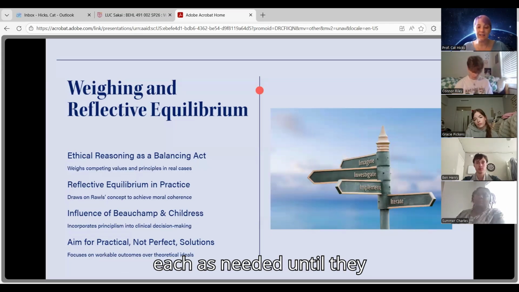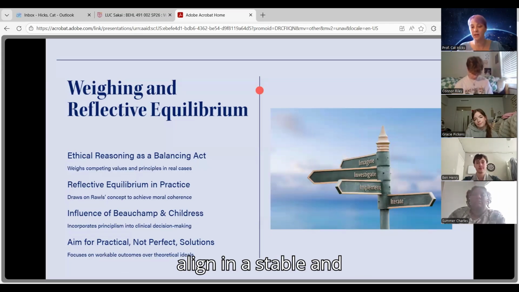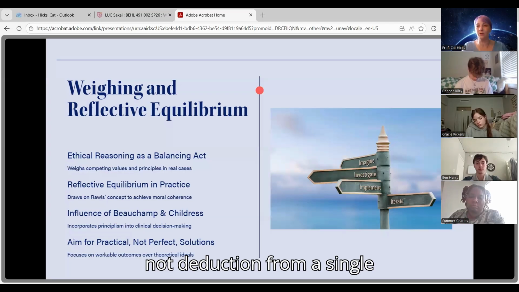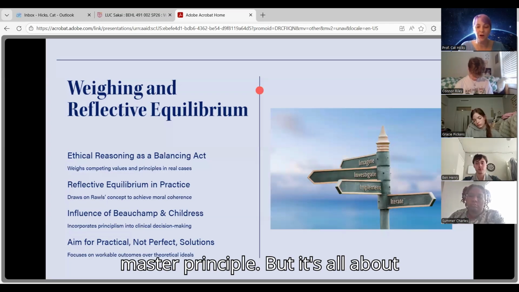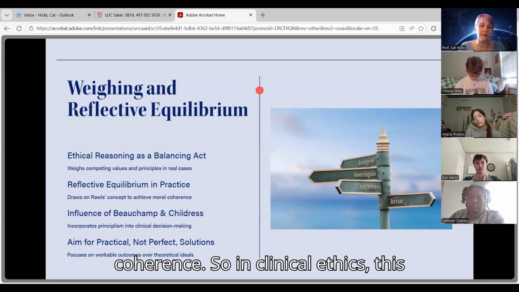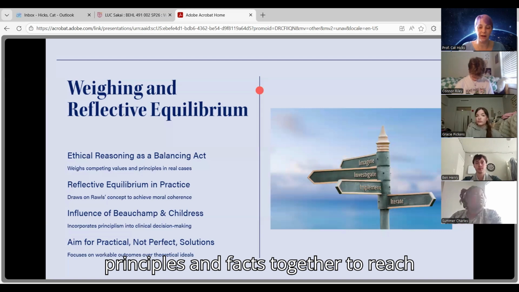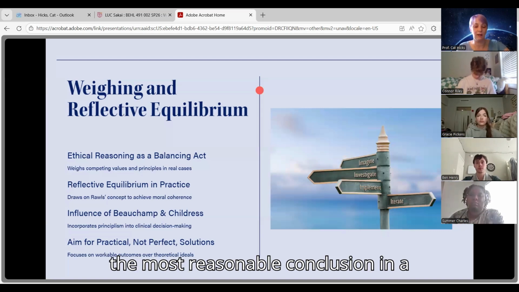So we revise each as needed until they align in a stable and reasoned balance. The goal is not deduction from a single master principle, but it's all about coherence. So in clinical ethics, this approach mirrors the process of weighing principles and facts together to reach the most reasonable conclusion in a given case.